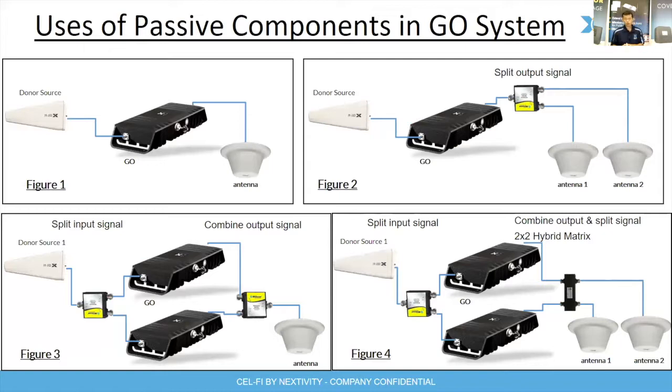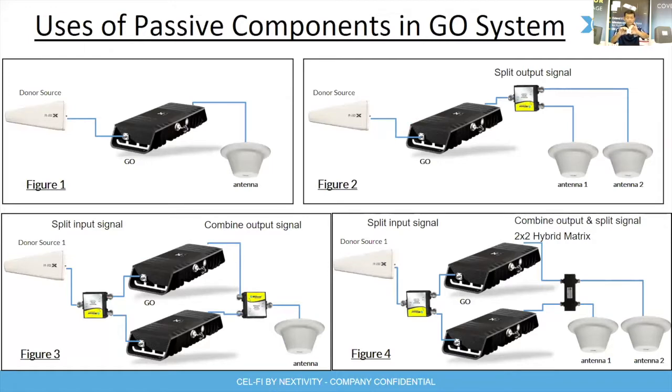And then at the output port, what happens in this case? For the output port, we need to combine the different mobile operator GO systems into a common single point before connecting it to an external antenna. How do we do that? We can use a two-way combiner, right?